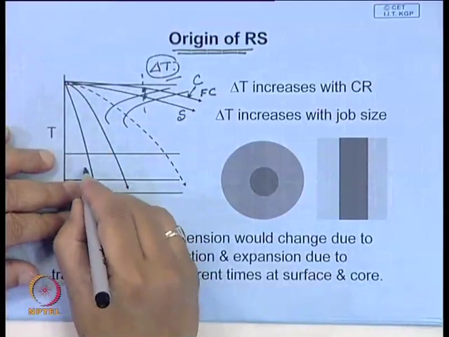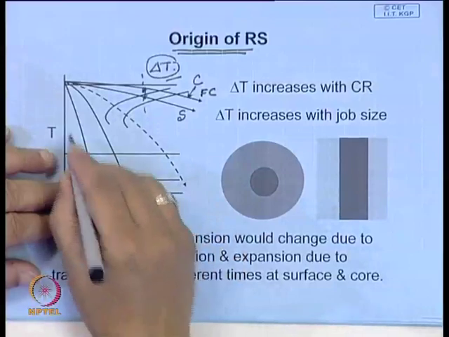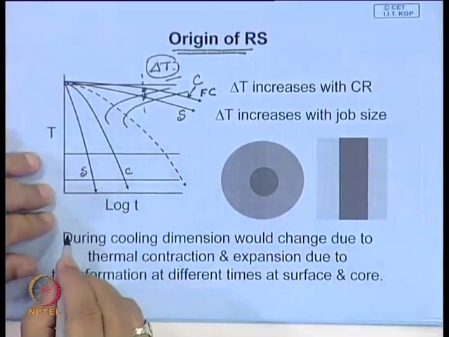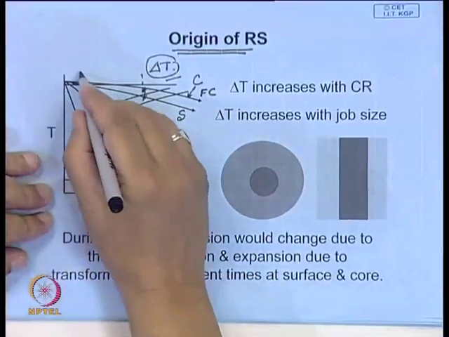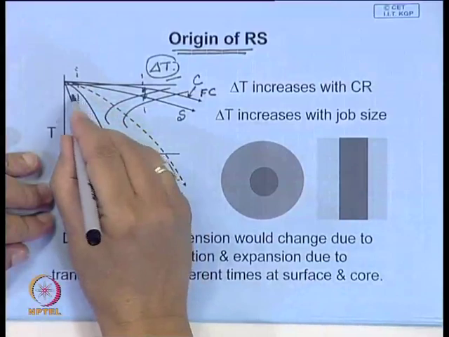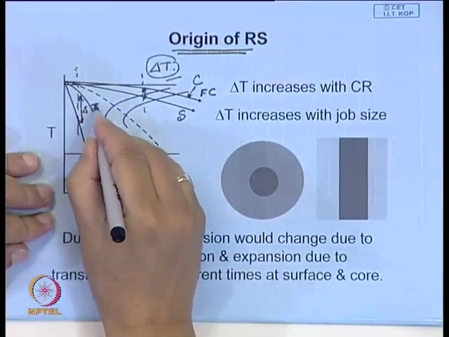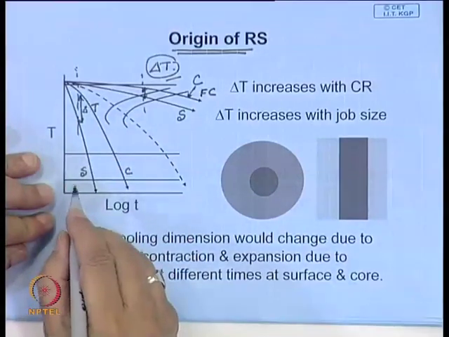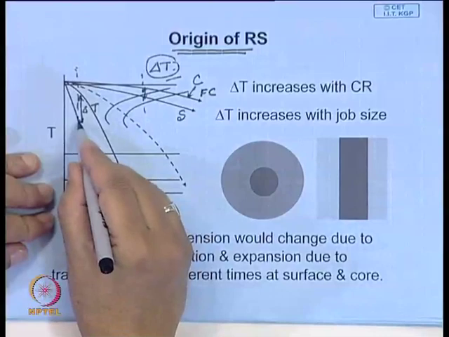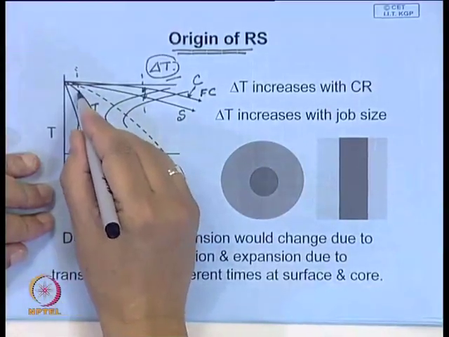Say if you quench in water, this is the surface temperature, that is the cooling rate, and this is the center. And here you look at, say, any time, this is the temperature difference. So, here the surface has undergone contraction, while the core has not contracted that much.